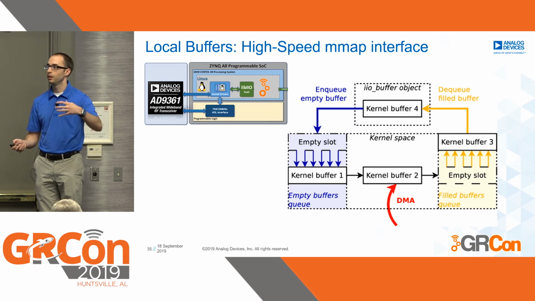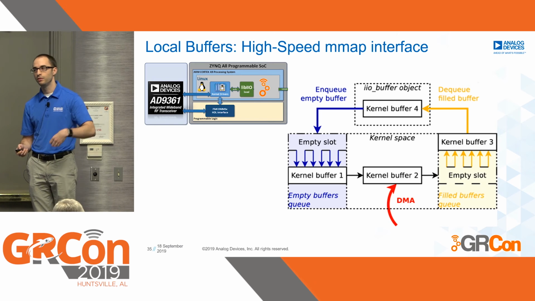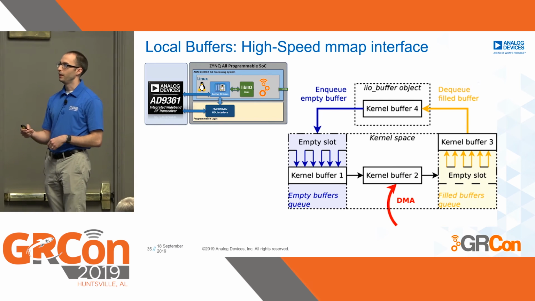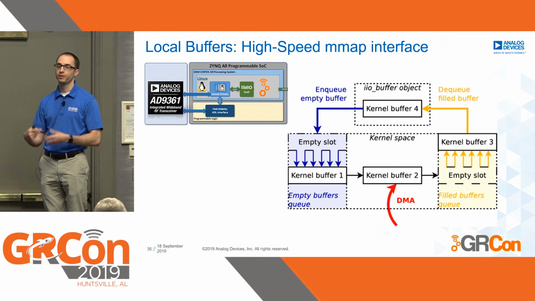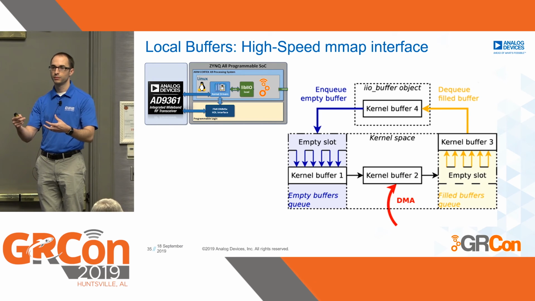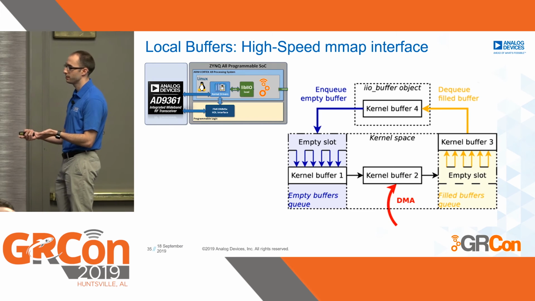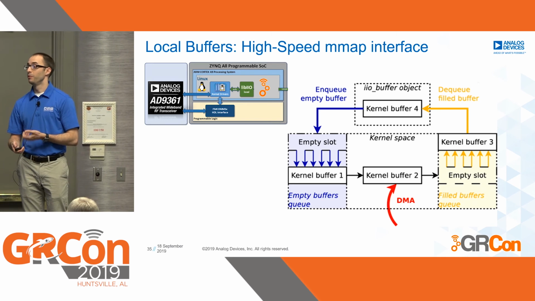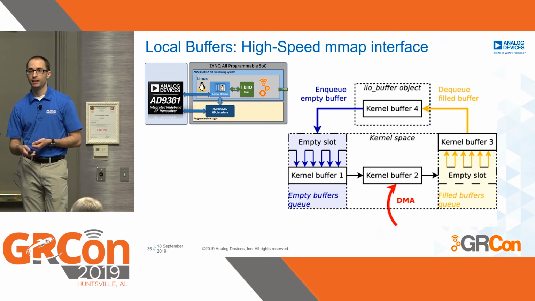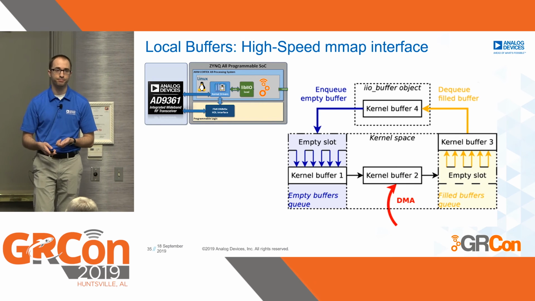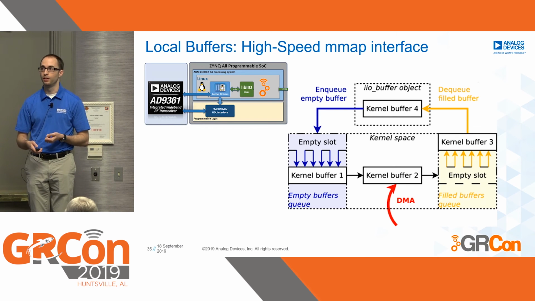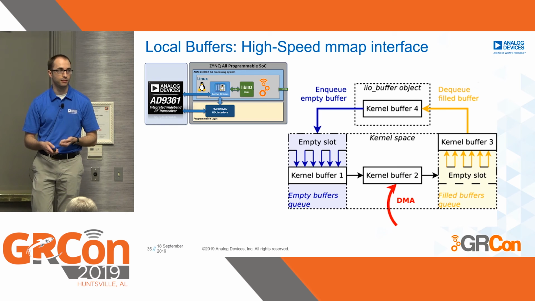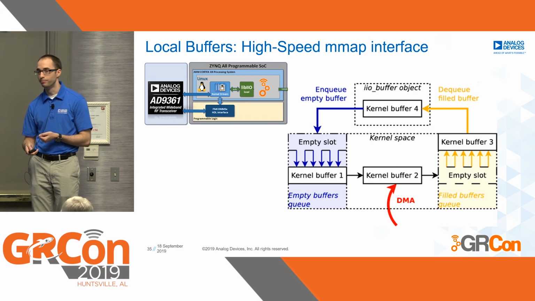So when you pull data from the chip, the DMA puts it into this ring buffer, and then you pull from that ring buffer, and that's what you're seeing in GNU Radio on board. So this is an MMAP device. It's super fast. It's really limited, from our experience, by the memory controllers in the FPGA. So we use it for gigasample devices, and it keeps up pretty well.